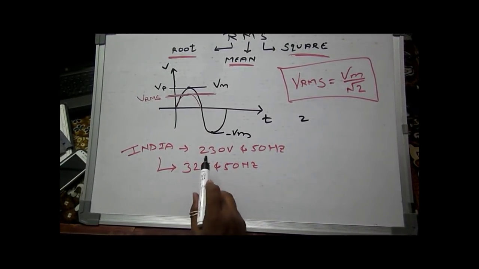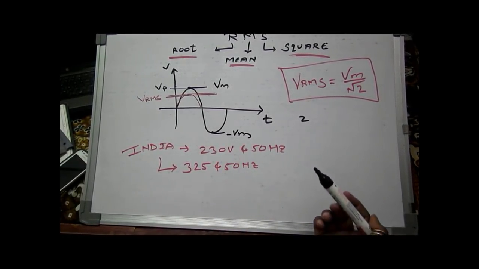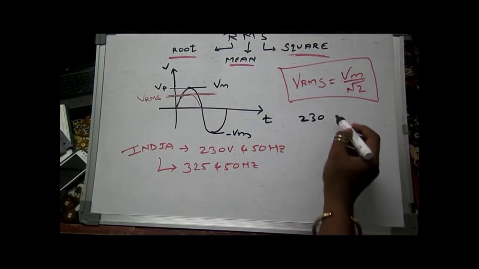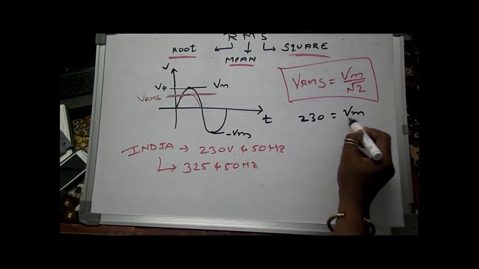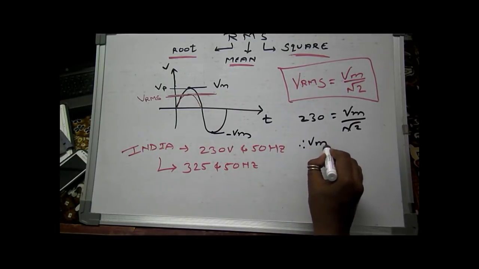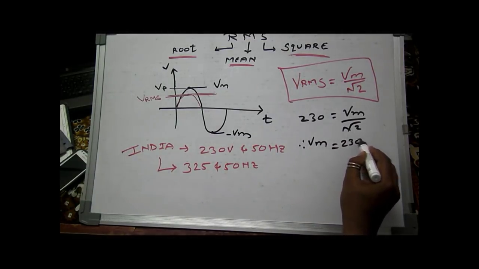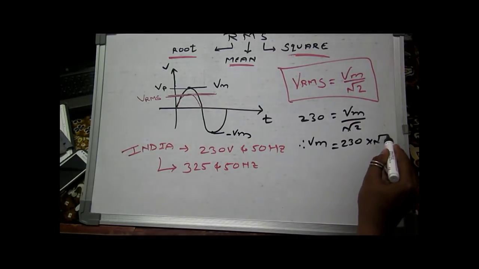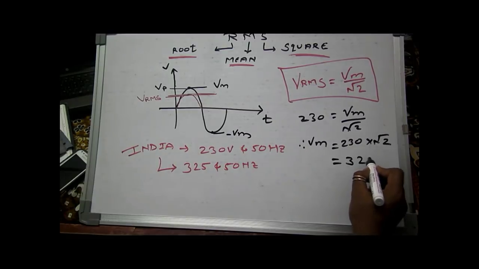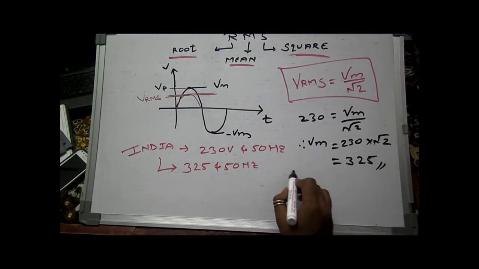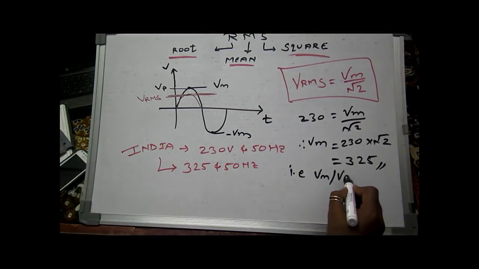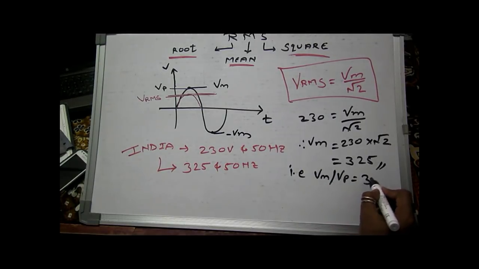So by substituting these values in this formula, if we put 230 volt, Vrms is equal to Vm upon root 2. Therefore Vm will be 230 into root 2. That will give you 325 volt. That means our maximum voltage or peak voltage is 325.